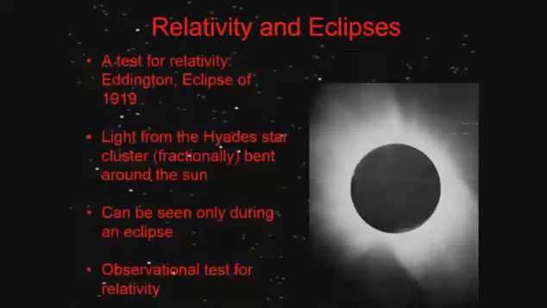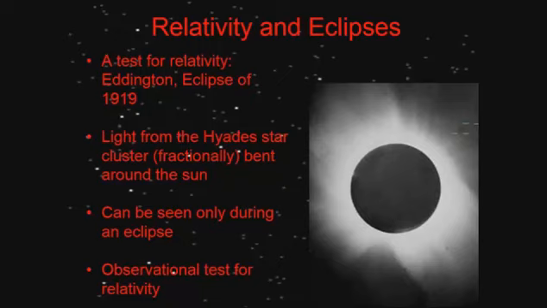There are also experiments you could do in terms of relativity. Einstein's theory of relativity said that light should be bent by a very, very large object. So space is literally warped by very massive objects, meaning that light actually bends around them. You can't see light bending around the sun because the sun is emitting too much light.